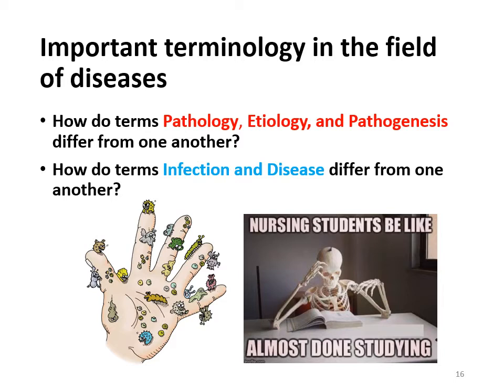Infection is the actual invasion or colonization of your body by the pathogens, so by the bacteria or the viruses or the fungi. Okay, so it's basically the pathogens taking over your body and being present. Disease then means the abnormal state that we observe with your body after it's been colonized or due to that colonization.